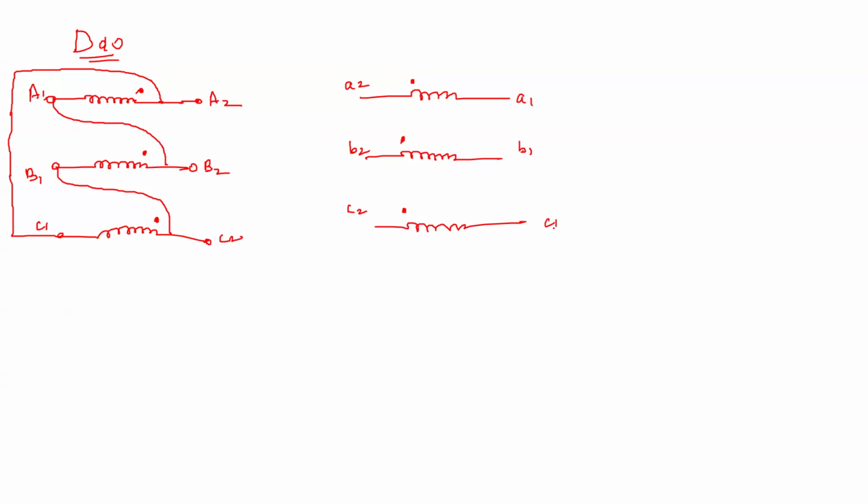Now I'm not connecting it. First, I will draw the vector diagram. So how to draw the vector diagram? I will show you. So this is A, this is B, this is C. First I'm drawing this because this VAN has to be at 12 o'clock.